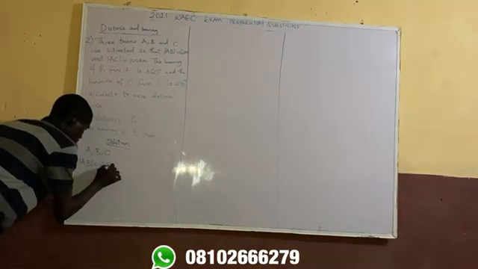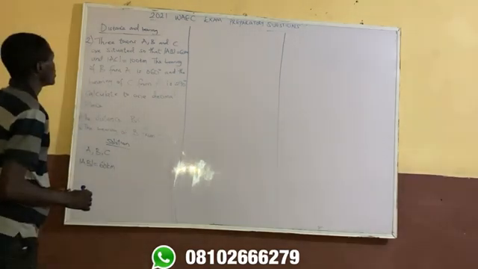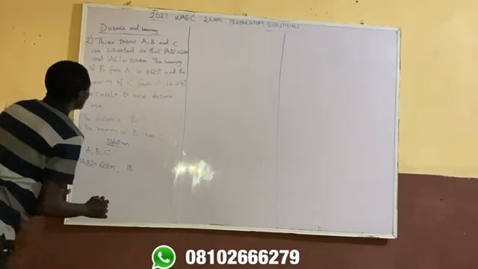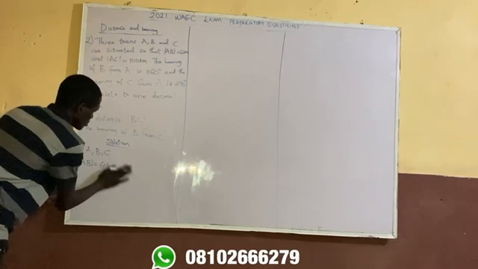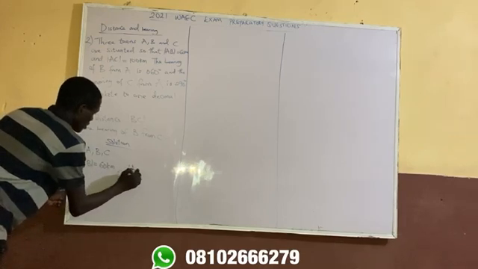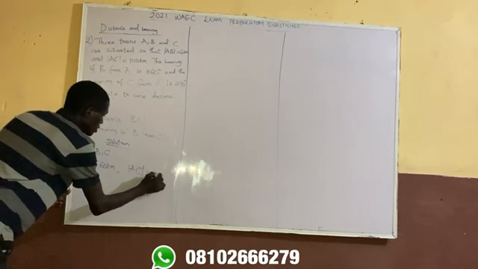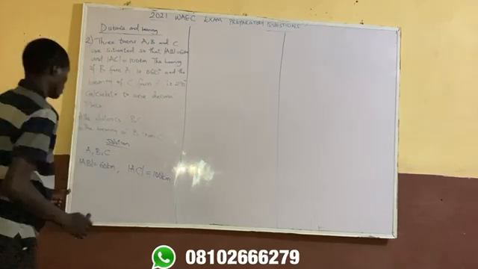The distance between A and B is 60 kilometers. The distance between A and C, from the question, is 100 kilometers.